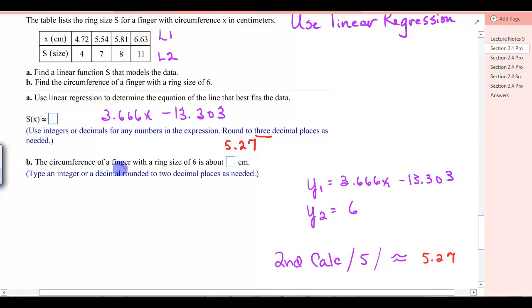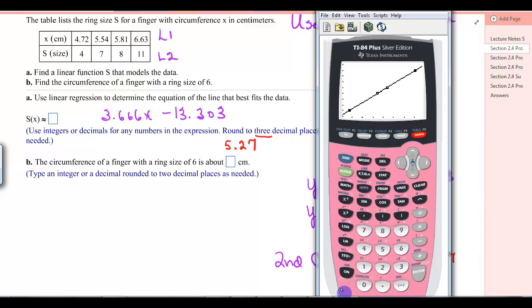Now, the circumference of a finger with a ring size of 6. Well, a ring size of 6, that goes down here. That's a y value. So when you go to your calculator, you go back to y equals, and on y2, we're going to put 6. So now let's graph that. All right, so here's our function.